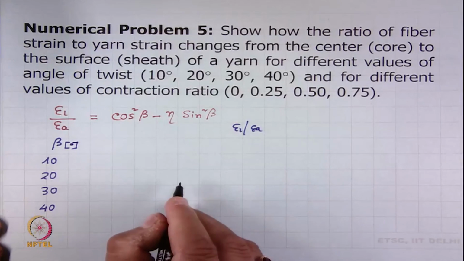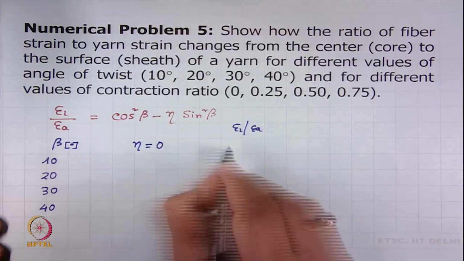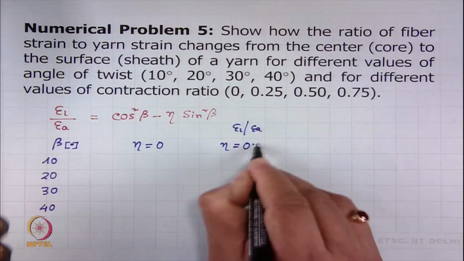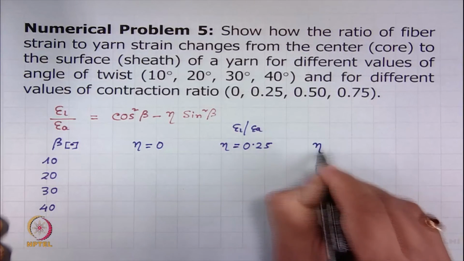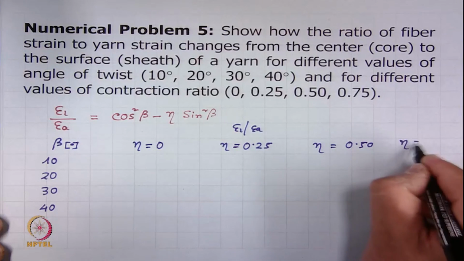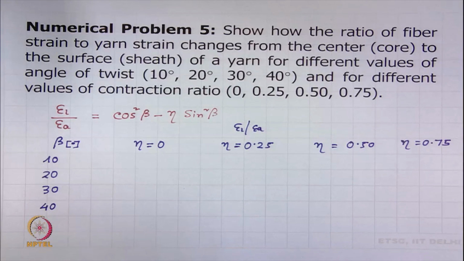It is a dimensionless ratio for different values of eta: 0, 0.25, 0.50, 0.75. Right.